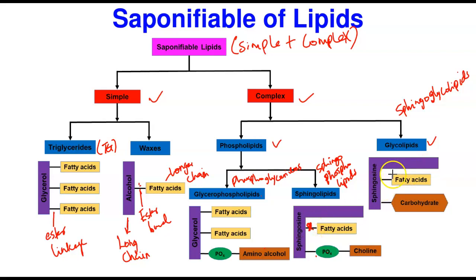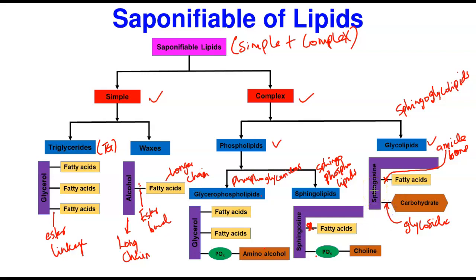I'm going to work this back from here. This bond actually is an amide bond. Remember, this alcohol is a long chain amino alcohol that has 18 carbons. So this bond here is an amide bond, whereas this one is actually a glycosidic bond because it involves a carbohydrate. It has a fatty acid and a carbohydrate. And the carbohydrate here is usually glucose, galactose, or an oligosaccharide. So forming that glycosidic bond.